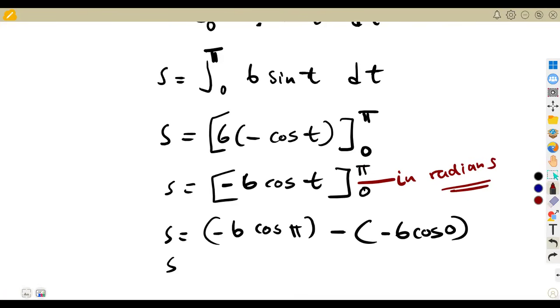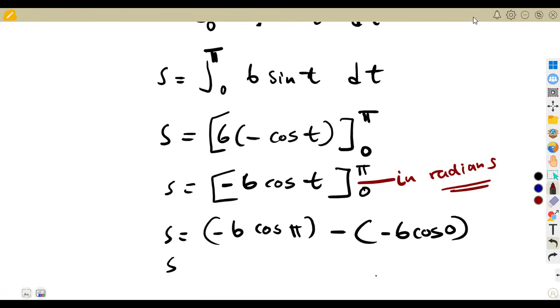Then we just substitute. So let us substitute and see what you're going to have. I need the calculator here. Sorry for that, guys.